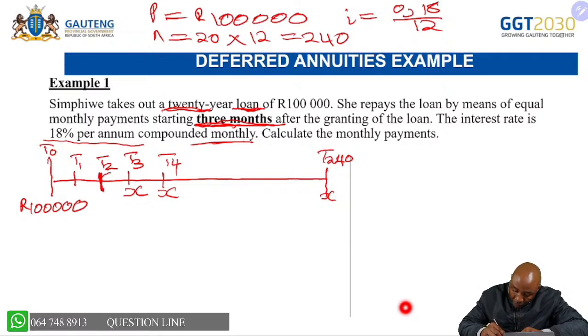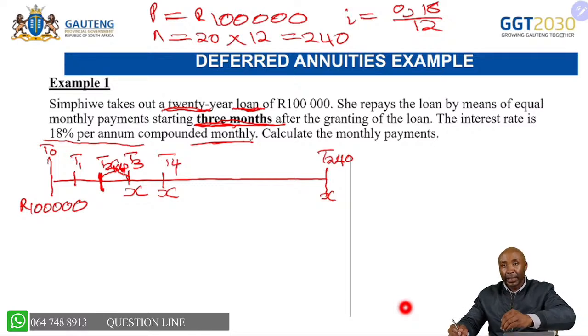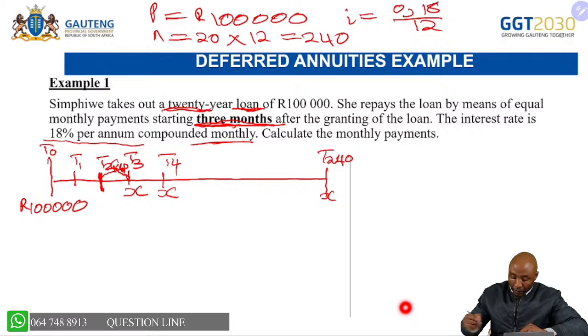Remember, from T2 to T3, there should always be that gap that we talked about, because this is a present value annuity. There has to be a gap between the loan being granted and the payment being made. So you will compound grow 100,000 over 2 months.